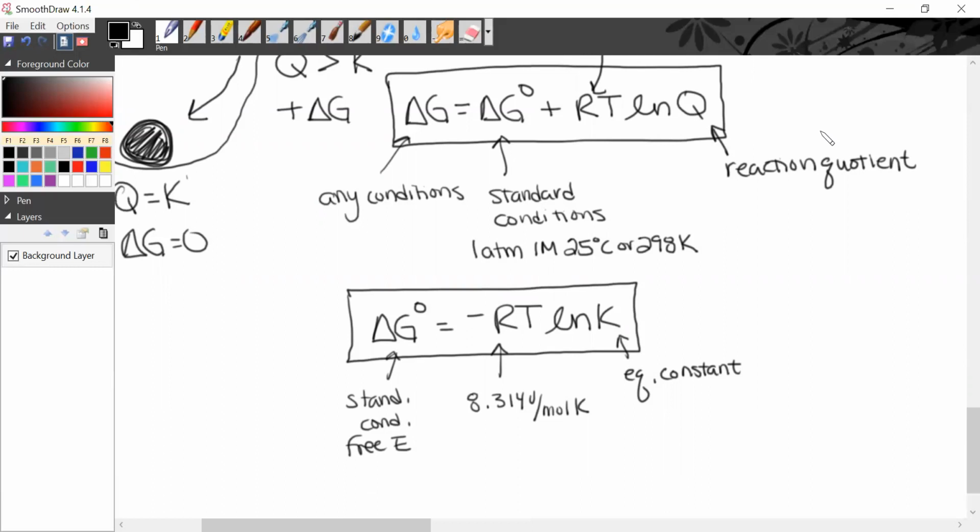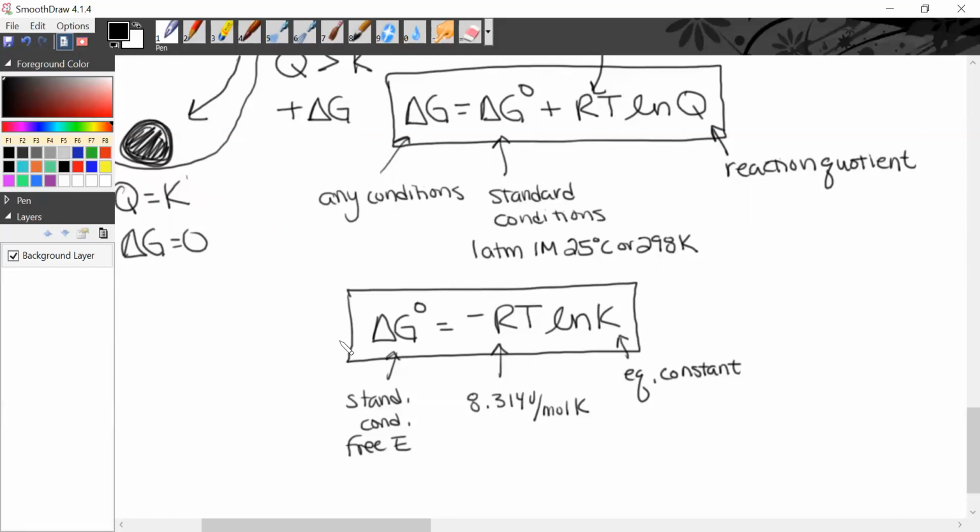And then the last equation, you guys, is actually just a derivation or a solving for K in this equation. This equation is great because if you know how much free energy is available, you can calculate the equilibrium constant, K. Or if you want to know the free energy and you know the equilibrium constant, you can do that too, right?